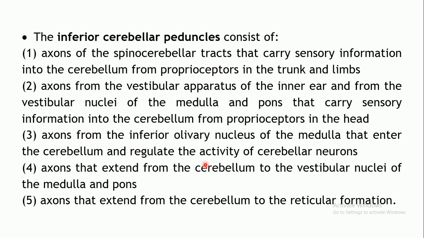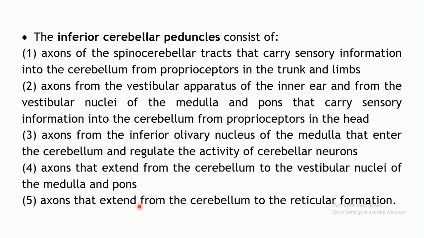Apart from this, there are axons which are arising from the inferior olivary nucleus. Remember this one, which is present in the olive on either side of the medulla. So this will help in regulating the activity of cerebellar neurons. Apart from this, there are axons that extend from the cerebellum to the vestibular nuclei, which is present in the medulla and the pons.